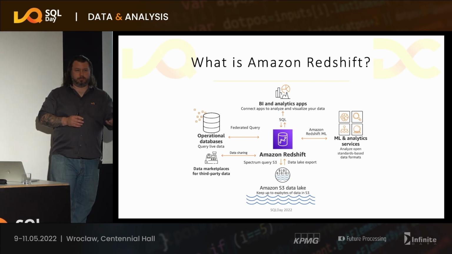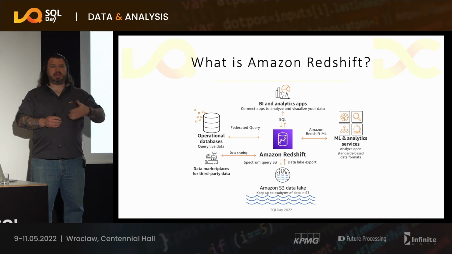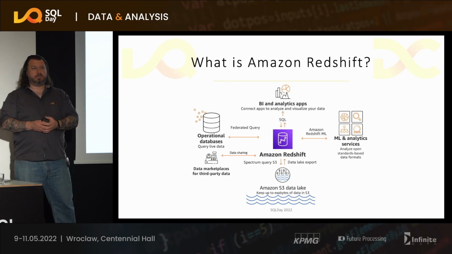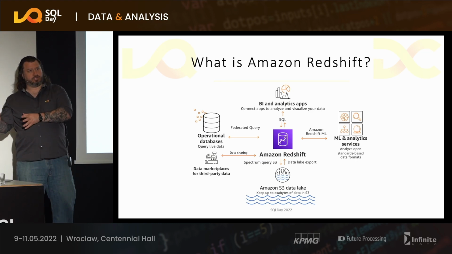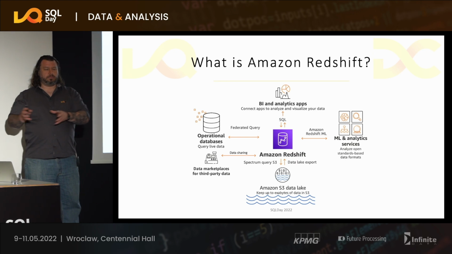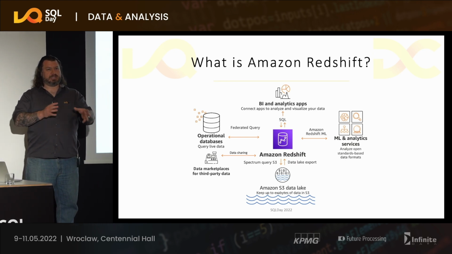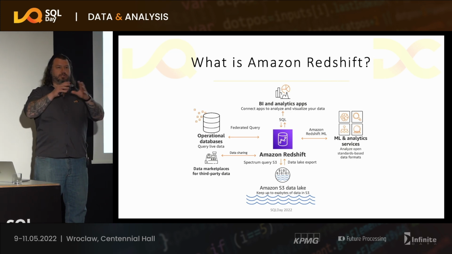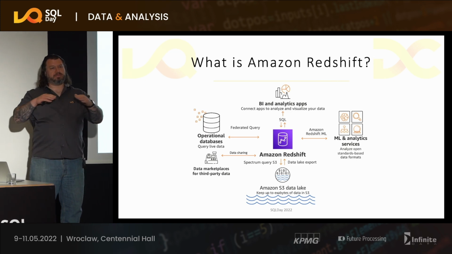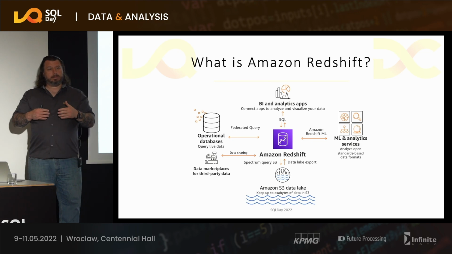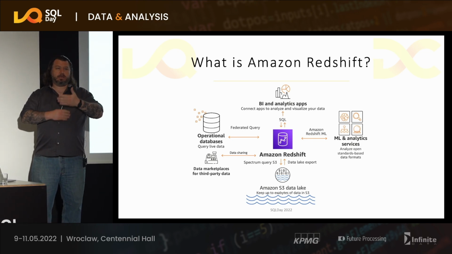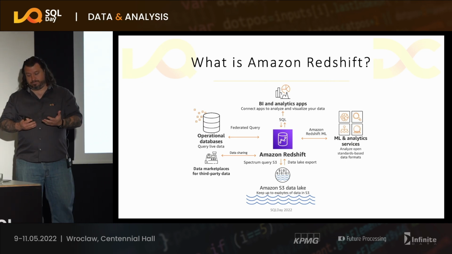So object-based storage, we've got Parquet, Avro, ORC, CSV, JSON data stored out there in the storage ecosystem. So when you start thinking about the modern data warehouse architecture, data lakehouse, Amazon Redshift can fit into that as well and sit there above that repository and query it directly. So you can have some data in your database engine and some data down in the data lake and bring them together to give your users a unified view.